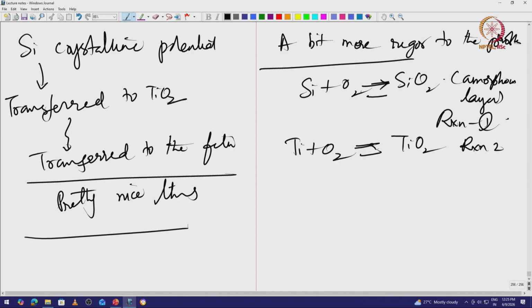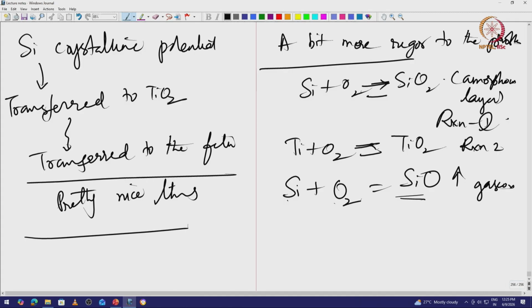But it turns out there is another reaction that helps us, right. Silicon actually can react with oxygen to give rise to a compound called SiO, and this SiO is gaseous. That is good. If silicon is forming a gaseous product, then that is fine, this gaseous product can go away, right.